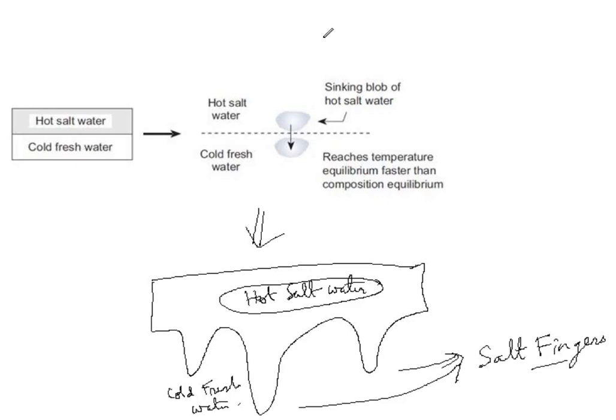These double diffusive instabilities occur when two diffusing substances are present and one of them diffuses more rapidly than the other, and also the substance diffusing more rapidly has a stabilizing gradient and the slowly diffusing substance has a destabilizing gradient. So in this example, the cold salt water is more dense than the cold fresh water. Okay, any questions?